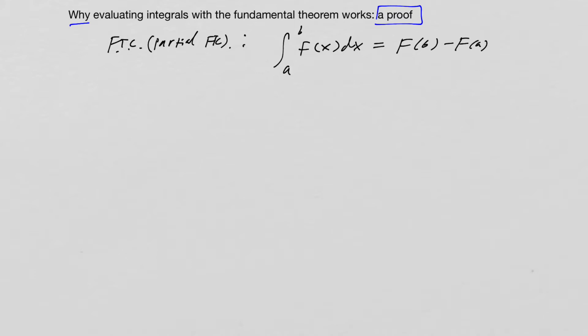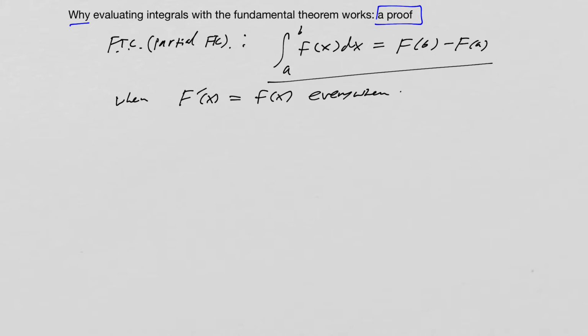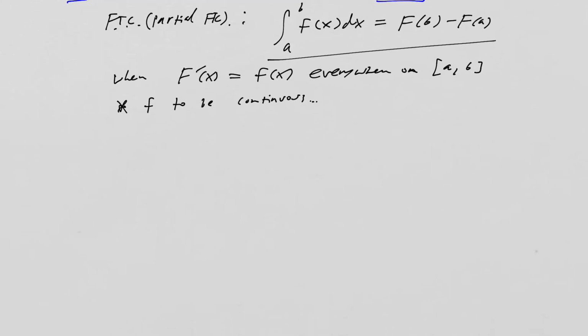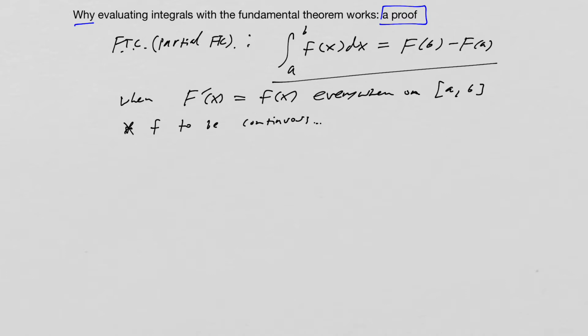We know this is a very powerful fact: when you take the derivative of capital F of x, it is equal to f of x everywhere from little a all the way to little b. And also, we need f to be continuous. We need that continuity because the integral has to exist. So that's a fairly weak requirement, just a housekeeping requirement, if you will.